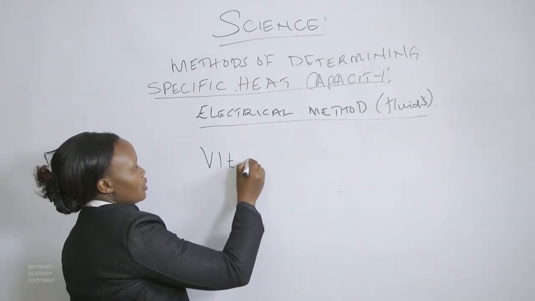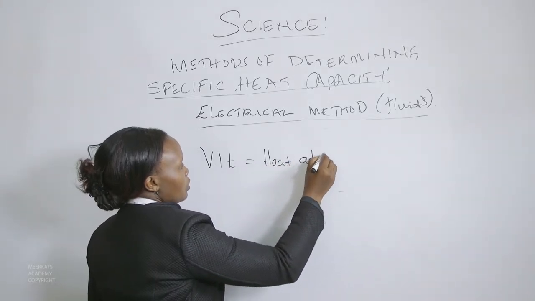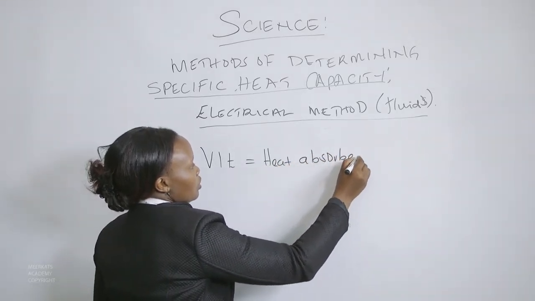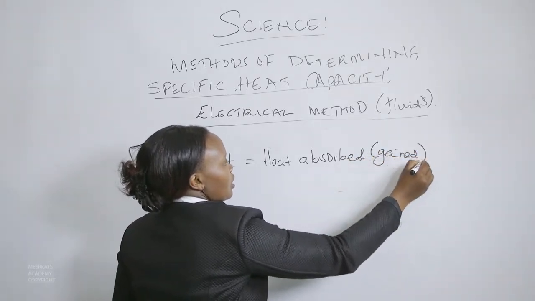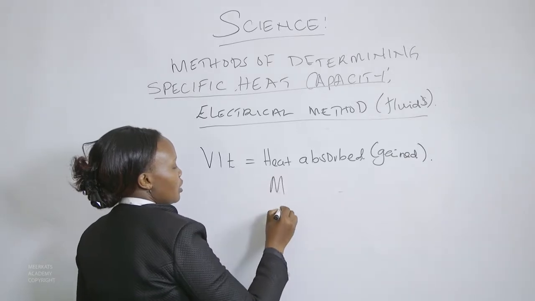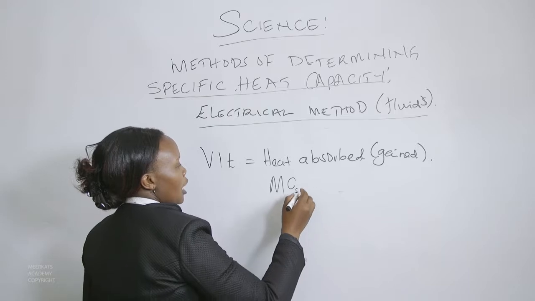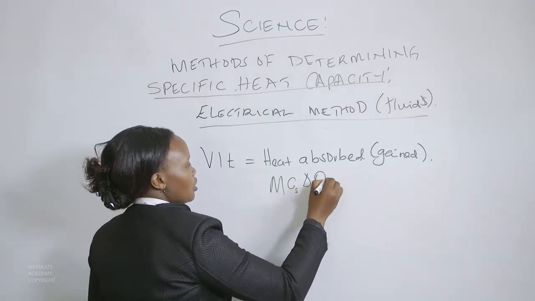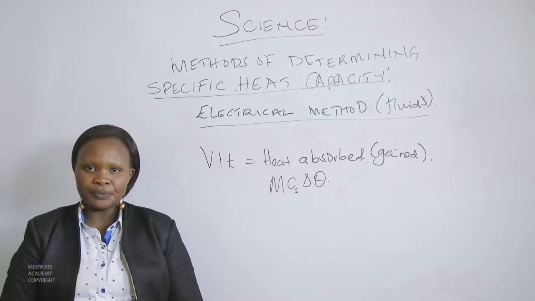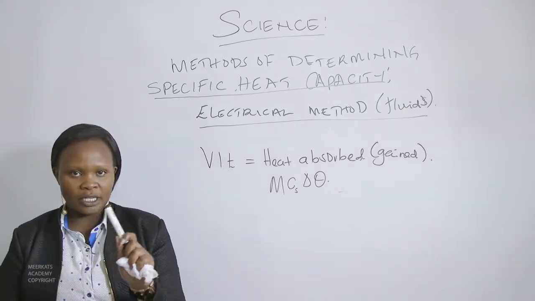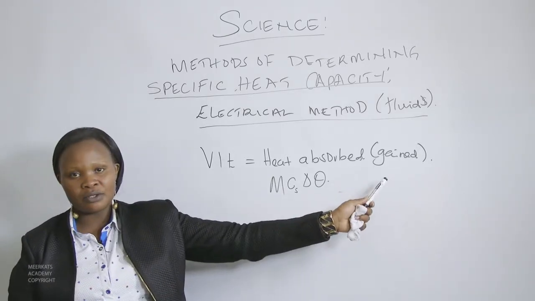You equate it to the heat absorbed, or what we call the heat gained, which is given by mass multiplied by specific heat capacity of the solid and the subsequent change in temperature.